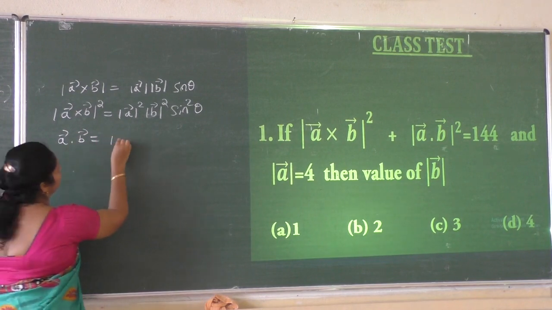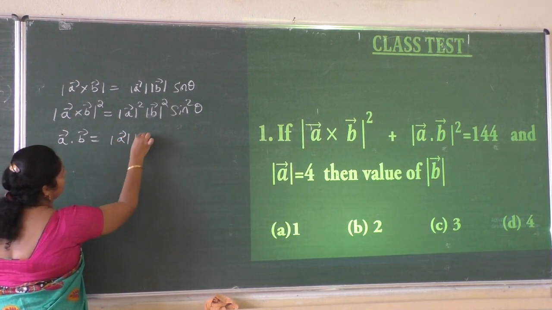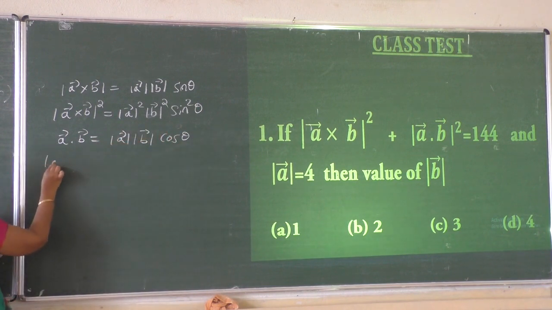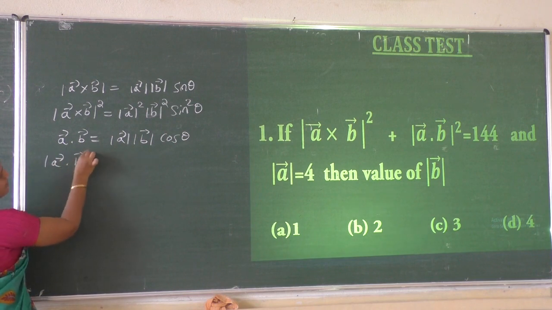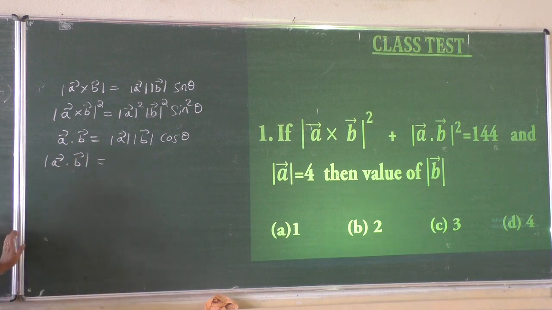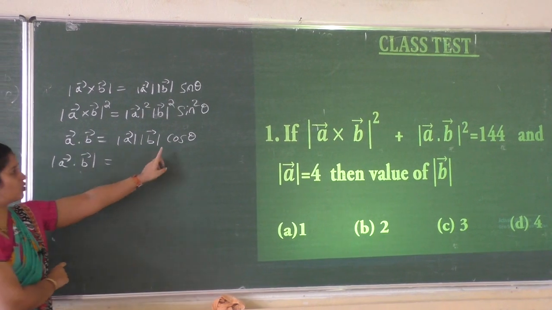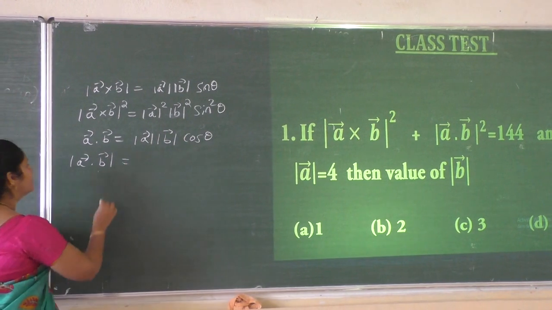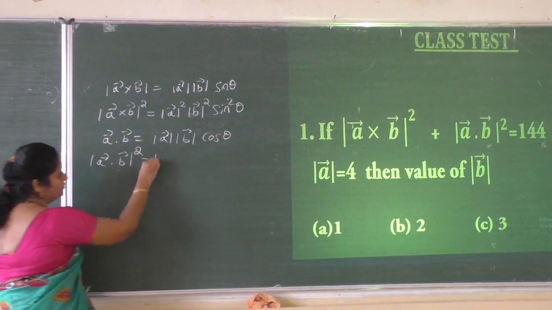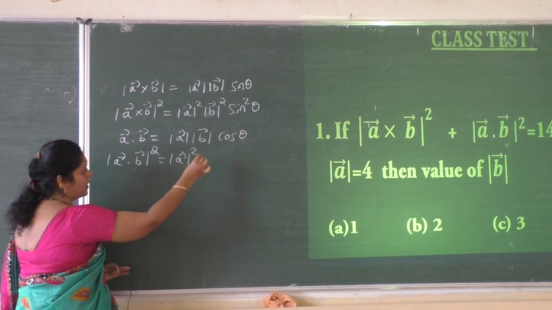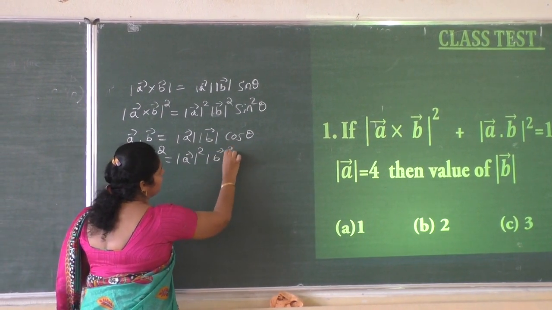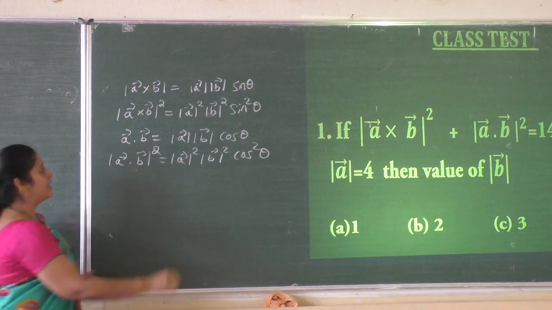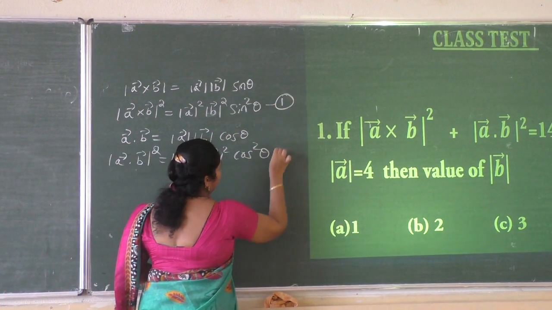That is equal to magnitude of vector A, magnitude of vector B, cos theta. If I write magnitude of vector A dot vector B, it is also the same, but it is cos theta. Just the difference is angle theta is restricted to the first quadrant there. If I write the square, then magnitude of vector A square, magnitude of vector B square, cos square theta. Okay, so this is the first one and this is the second one.